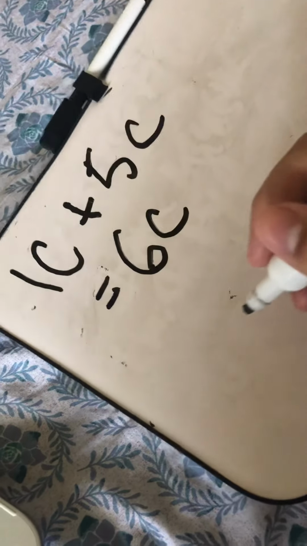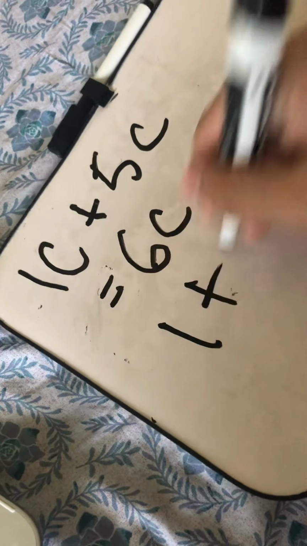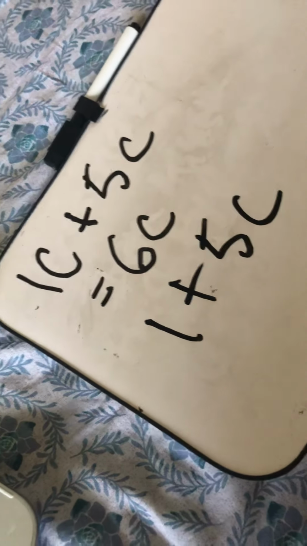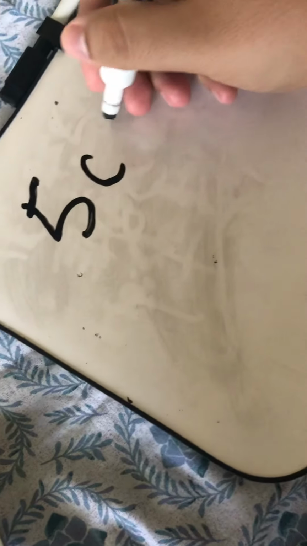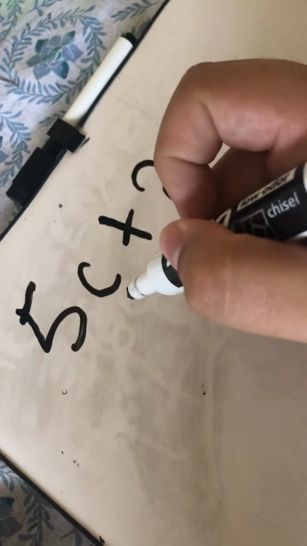If that c was, let's say, just a regular 1 plus 5c, you cannot combine this, all right, because they're different terms. That's a whole number, that's a number with the variable, with the letter. So you can't do that, okay? If you had, let's say, a 5c plus a 2x, you will not be able to do that because x is a different variable than c.